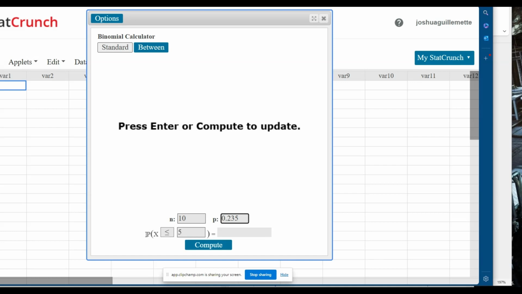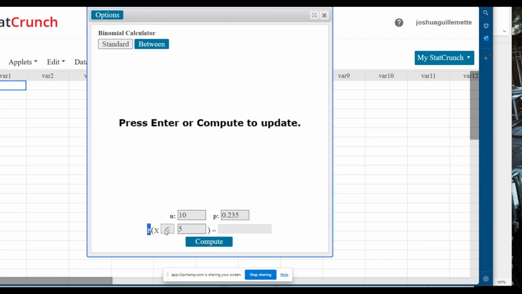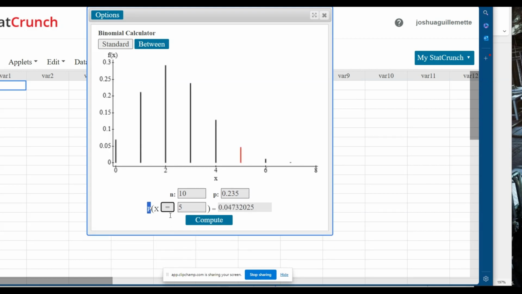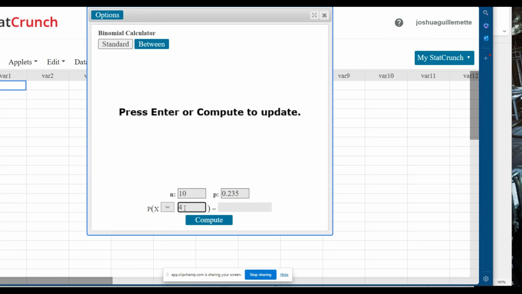Now here, the probability of some number being is what I need to change, right? So I'm going to change this to an equal sign, okay? And then now I want to change this to 4, all right?